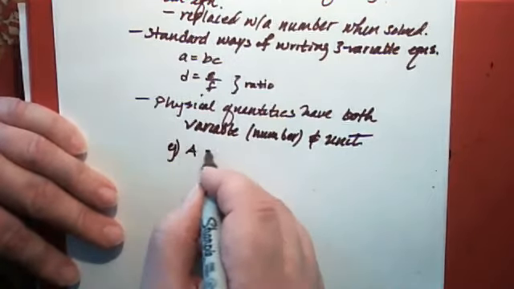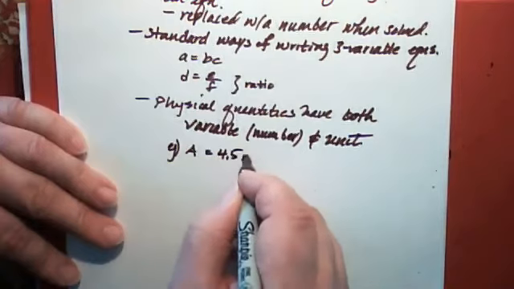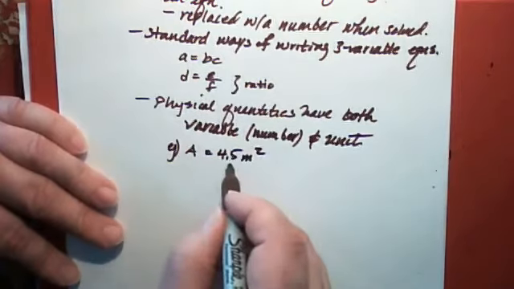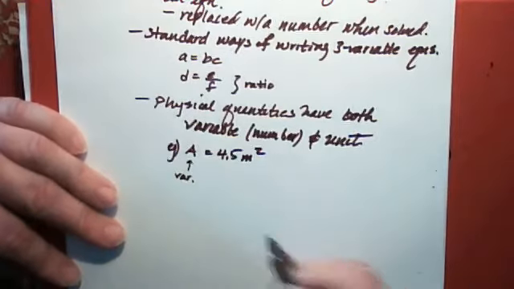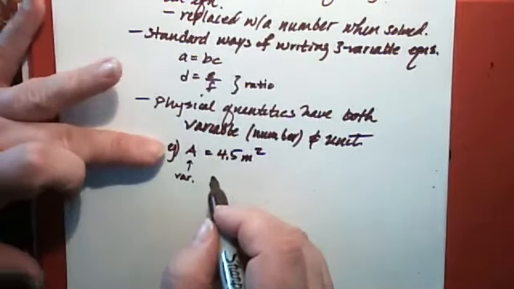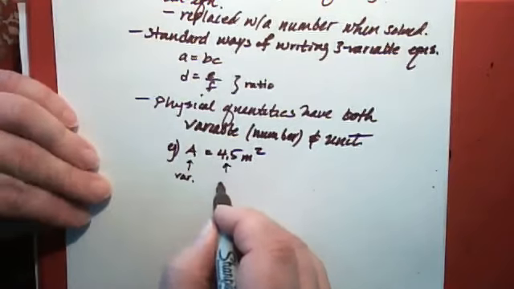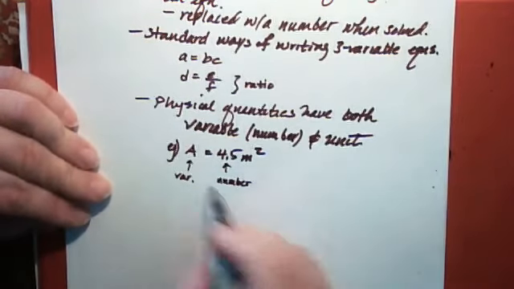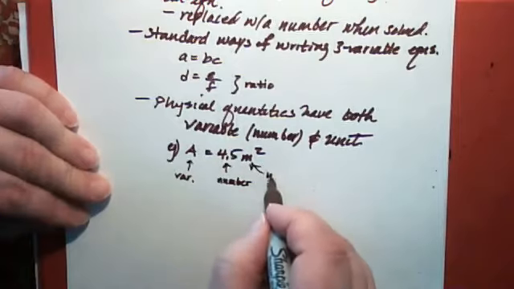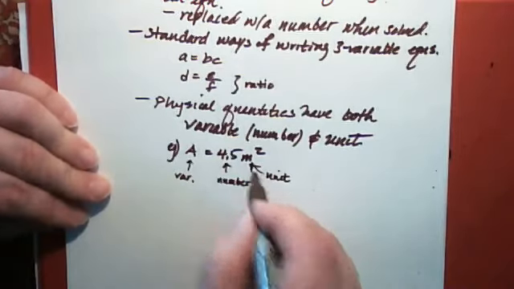An example of that might be area equals 4.5 square meters, with A being the variable standing for area in this case, and the number, and the unit.